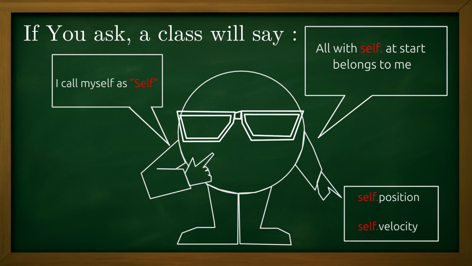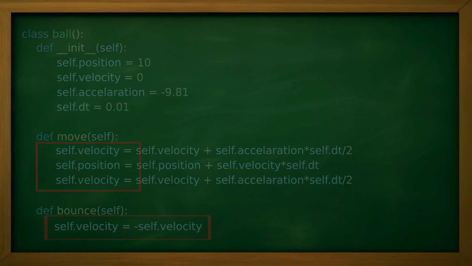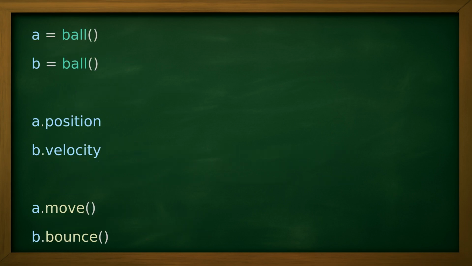So whenever we write a variable within the class as self.position, Python understands that the variable position belongs to the class ball. A key advantage of declaring variables that are part of the class is that these variables can be used and updated by any methods written within the class. Once defined, we can create multiple objects from the class, each with its own unique state.